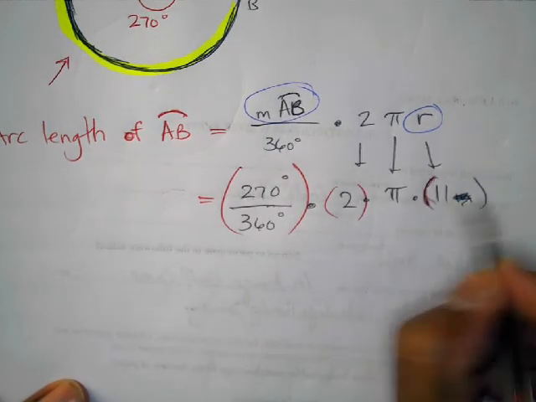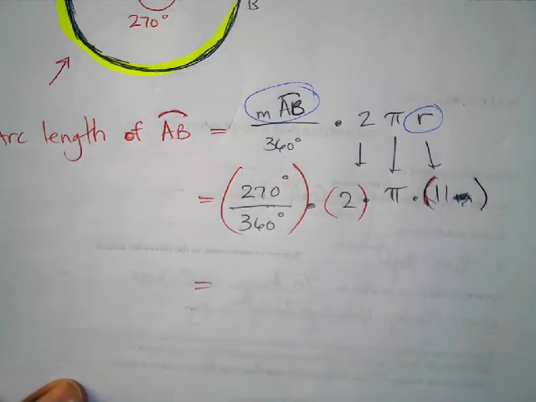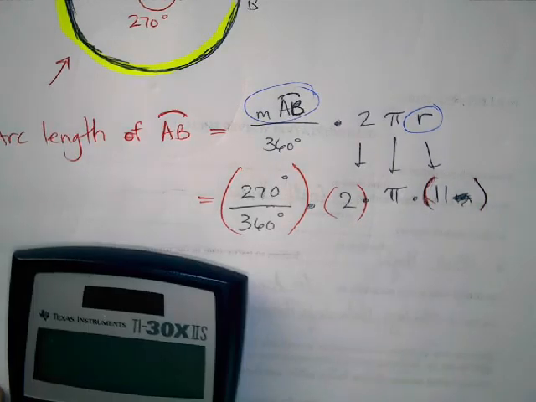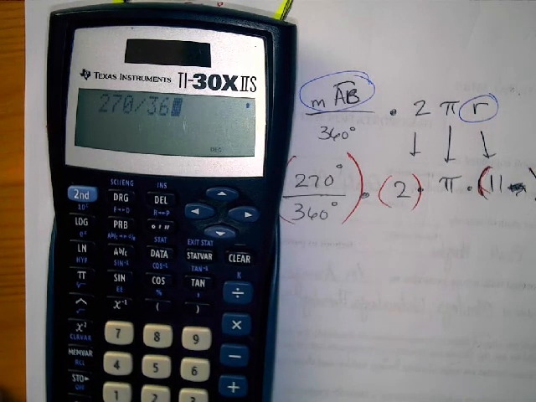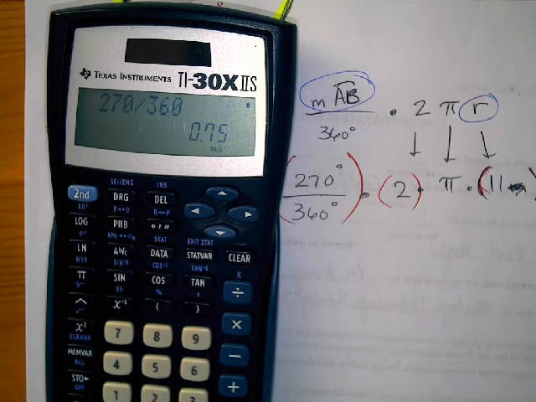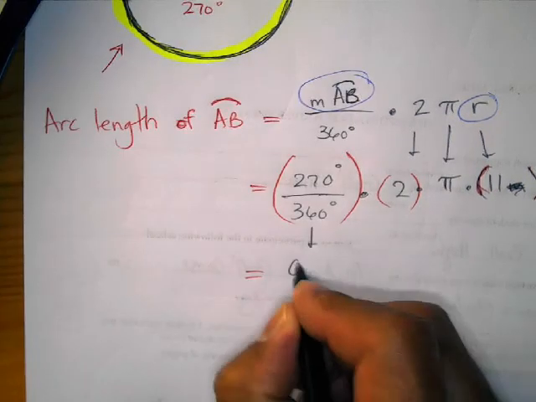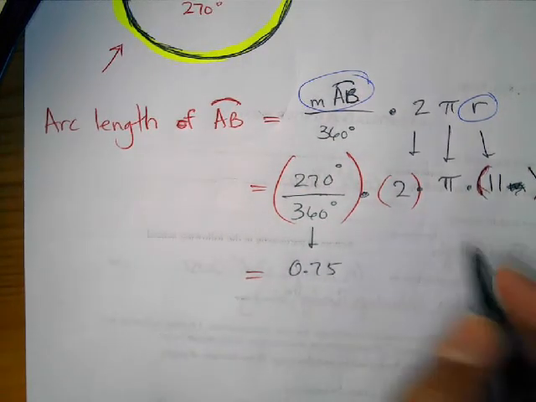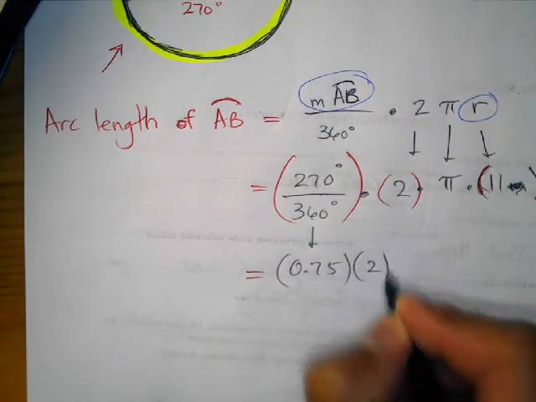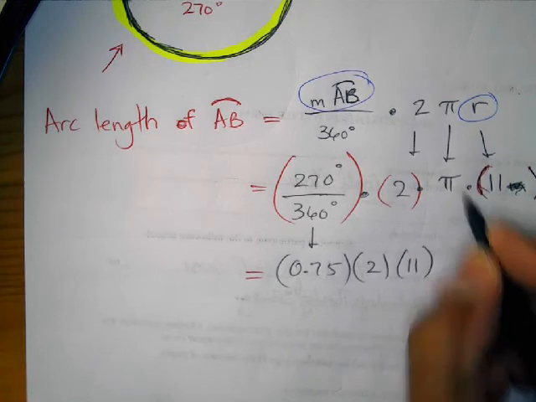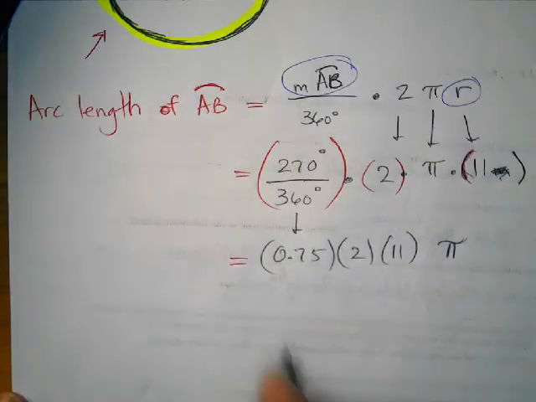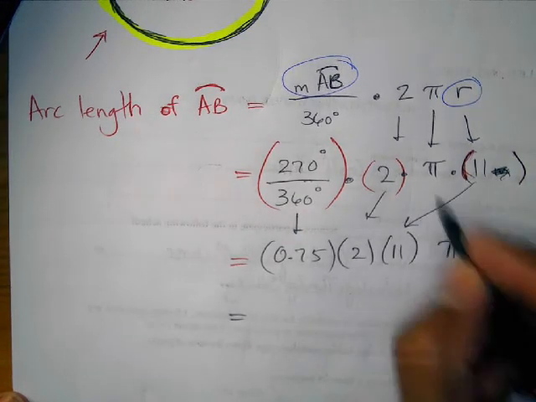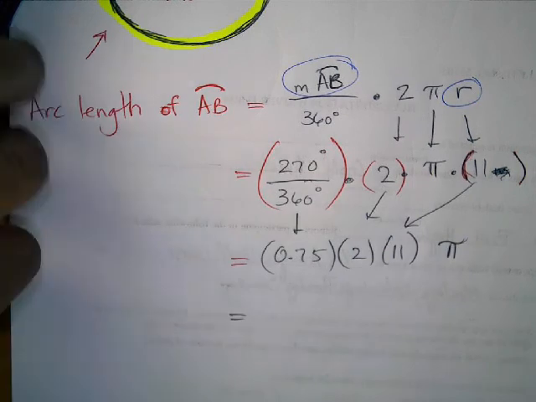Okay, the rest is calculator work. Let's multiply the numbers without the pi. 270 divided by 360, let's get that number first. 0.75. I like that one. That is 0.75 times 2 times 11, and leave the pi for last. We'll have an answer with the pi for last.